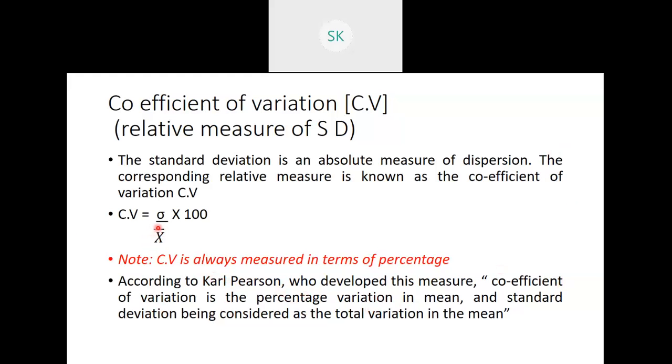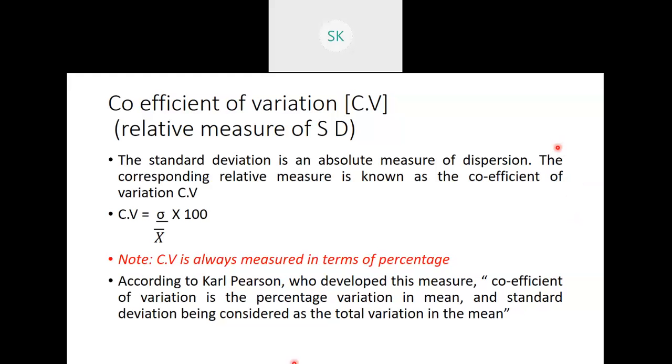So it's a percentage variation in mean and standard deviation, and standard deviation being considered as total variation in the mean. Again, since standard deviation was on the basis of arithmetic mean, similarly the coefficient of variation also will be on the basis of mean only. Okay, major part of it is on the basis of mean only.